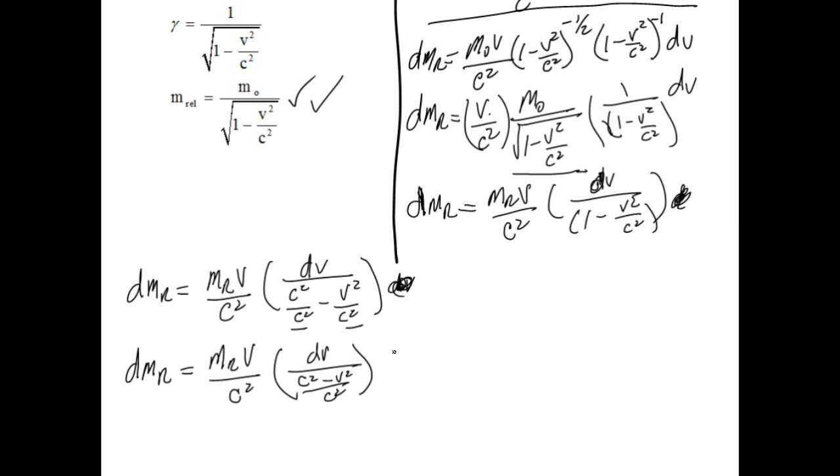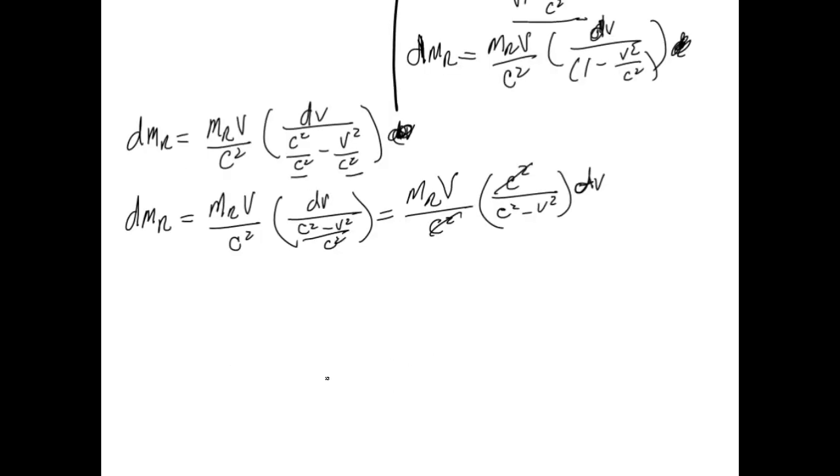And then that's equal to relative mass times v divided by c squared, and I can invert and multiply this now, c squared divided by c squared minus v squared, times dv, times my change in velocity. So these c squareds cancel.